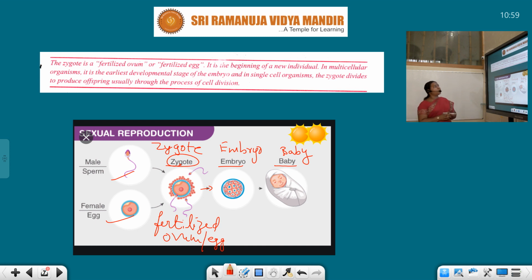The zygote divides to produce offspring, usually through the process of cell division. Now this zygote undergoes repeated cell division, and by the process of cell division it develops into a complete organism. So finally, we will get a human baby. So this is about the actual fertilization process in our female reproductive system.